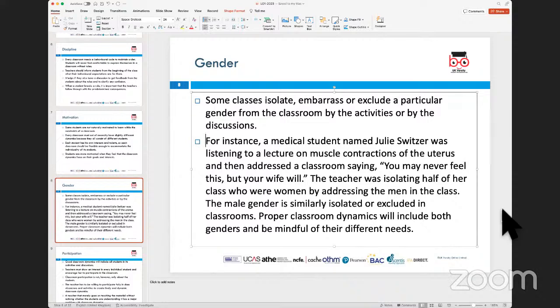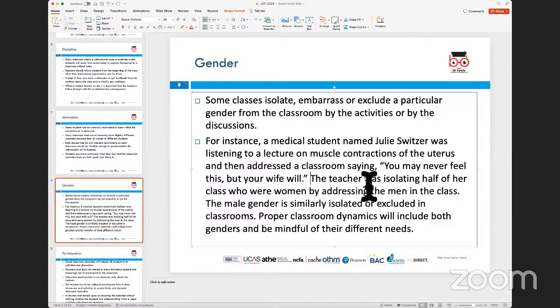So, as teachers, when we talk about an inclusive classroom, we need to ensure that we listen to and take into account the requirements of any and all learners in the classroom, so that they do not feel left out, or feel that they have been given a different behavior or a different set of rules to follow as against some of the others.